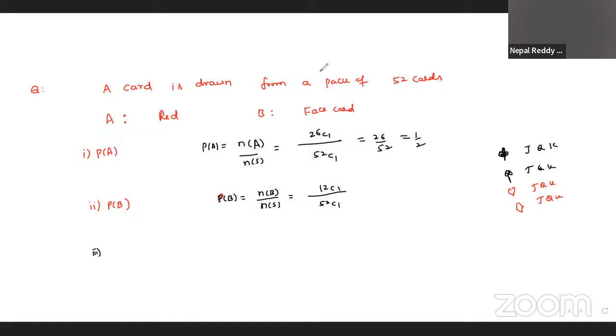Next question, third one: probability of A intersection B. That can be written as probability of A plus probability of B minus probability of A union B, right?